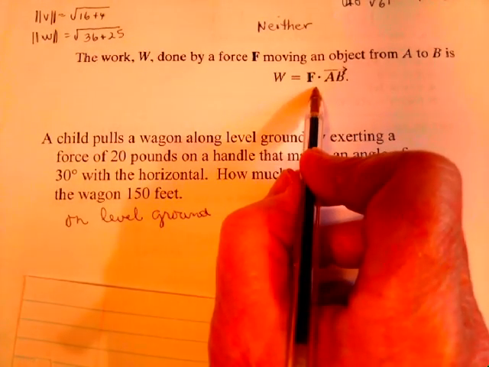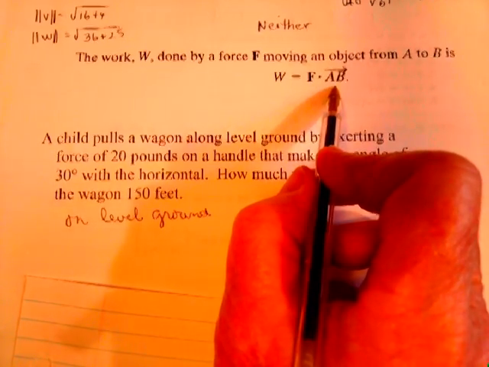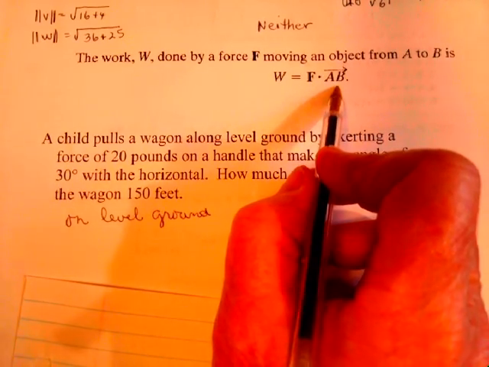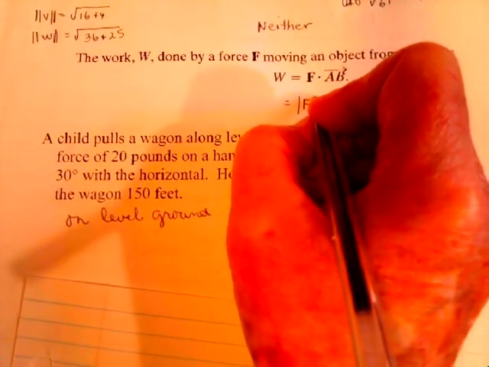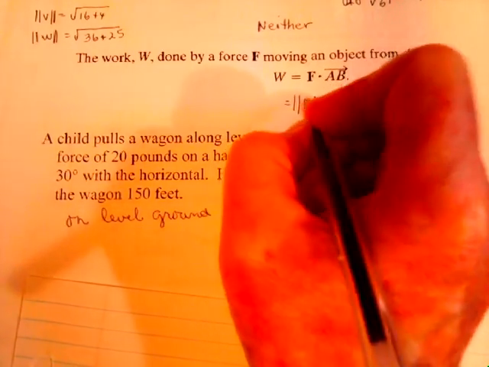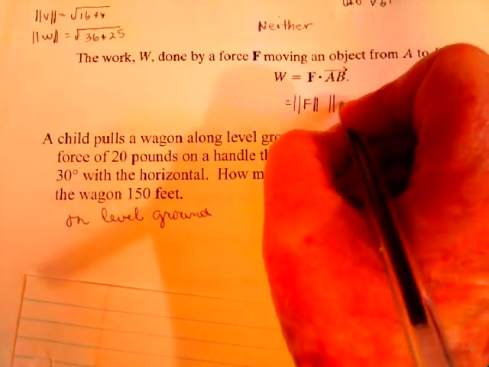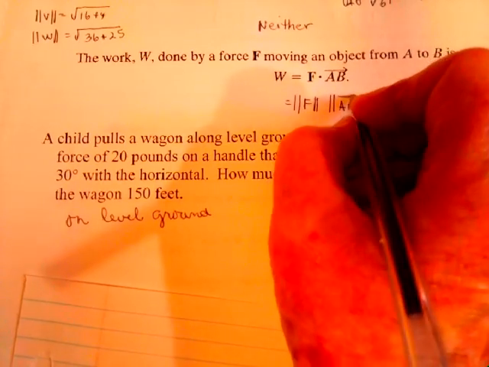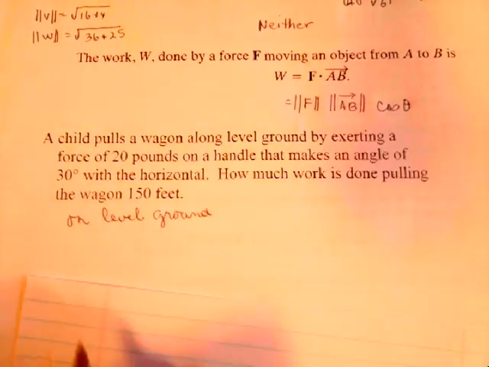W equals F dot product AB. That is the magnitude of F times the magnitude of AB times the cosine of theta.